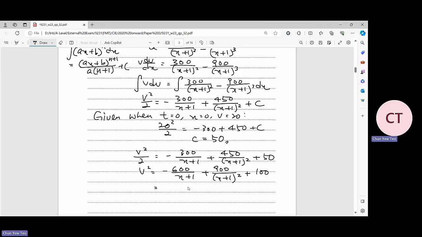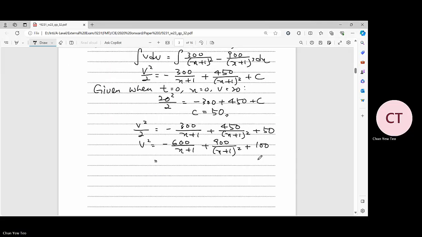So over here, we can try to factorize it. The question is looking for v, not v squared, in terms of x. So we cannot leave the answer in terms of v squared. By right, we're supposed to square root the whole thing over here. But not so fast. We need to simplify our right hand side first.